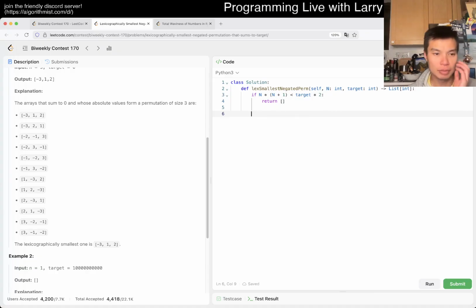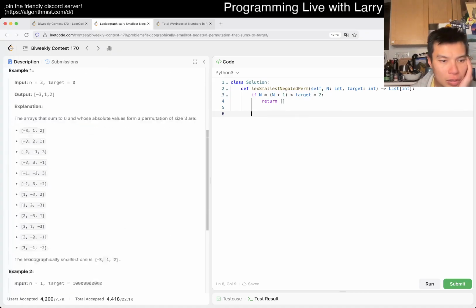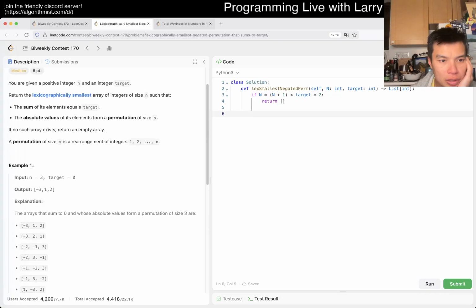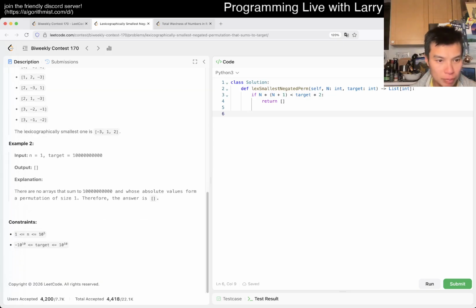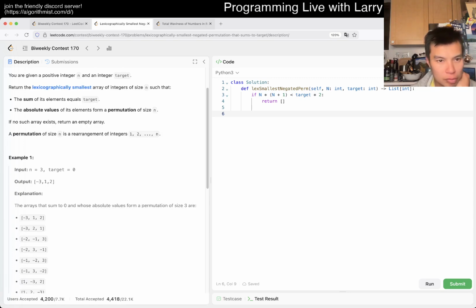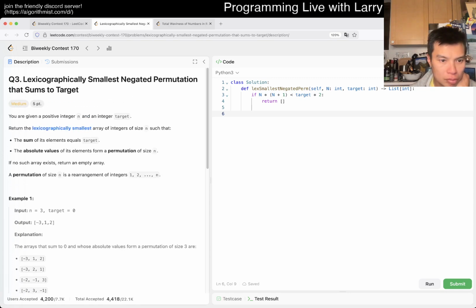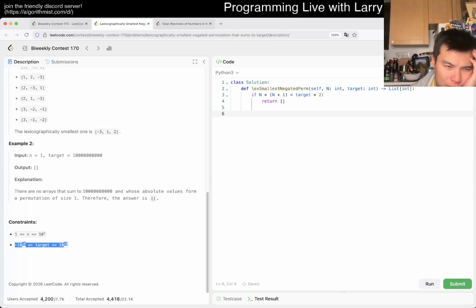Otherwise it's always possible. And then now we greedily target is always positive. Oh no, it's not. Doesn't seem so hard, but it's just so annoying.